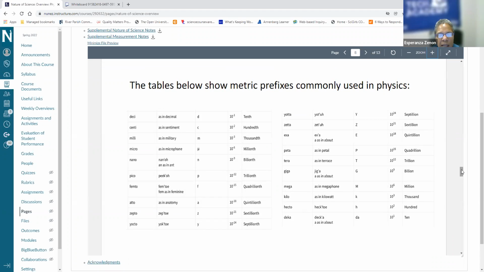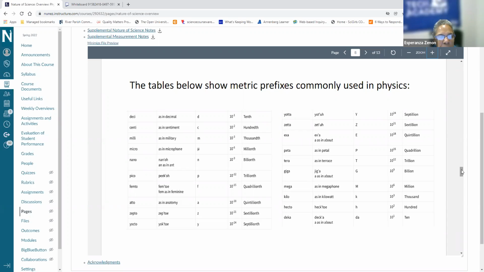Now, in this table, they give quite a few of them. We don't use anywhere near all of these. There are some that we'll use regularly in this class because of the level of the class that we're in: centi, milli, kilo, mega. Those are pretty common.